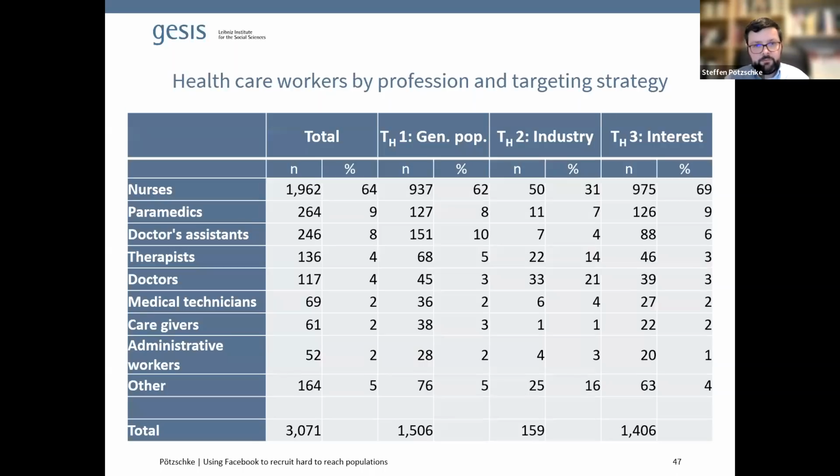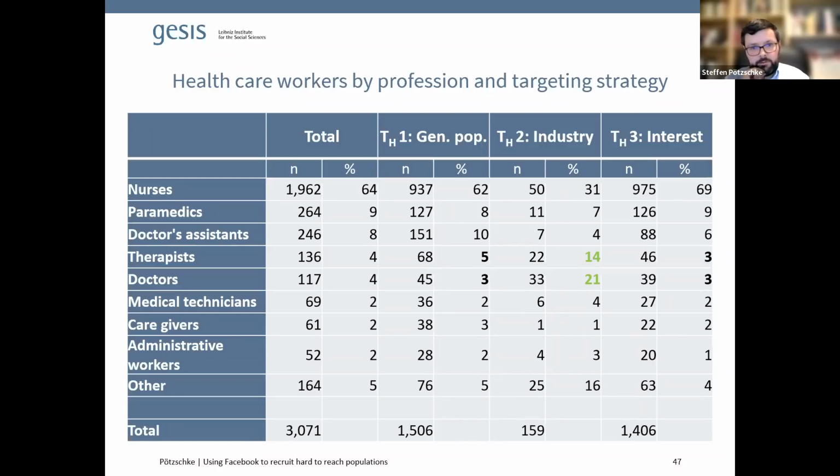But then again, we think it is still worthwhile selecting the industry variable in a targeting approach, because if you look here, you see that in relative terms, in this strategy, we in 2 specific groups of professionals, this strategy was much more successful in recruiting respondents, namely amongst doctors and therapists.